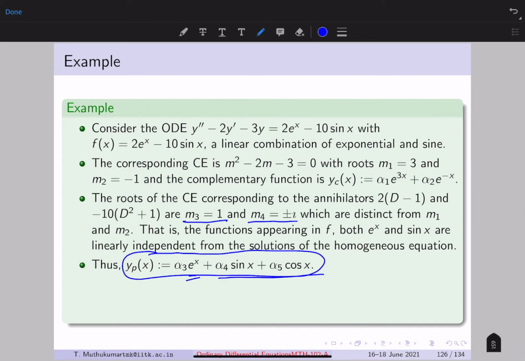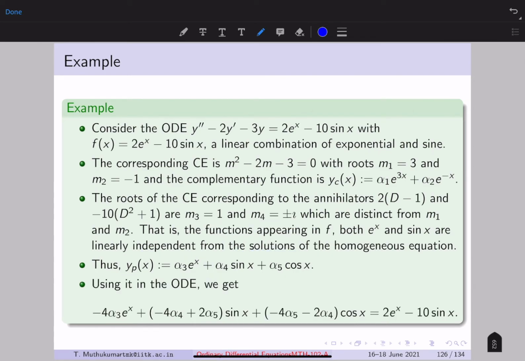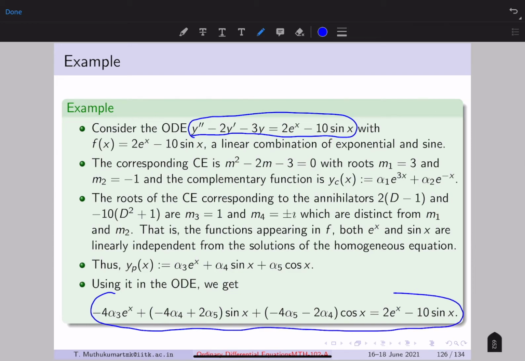We need to find alpha 3, alpha 4, alpha 5, which are the undetermined coefficients. If we use this in the differential equation here, we get a relation between alpha 3, alpha 4, alpha 5.